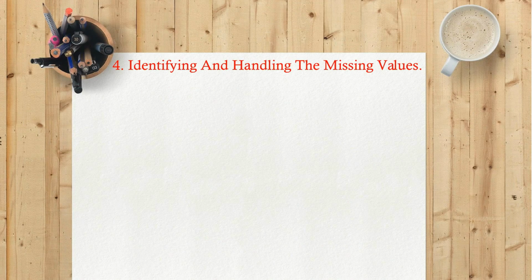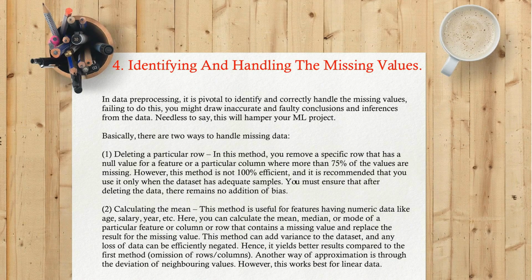Four. Identifying and handling the missing values. In data pre-processing, it is pivotal to identify and correctly handle the missing values. Failing to do this, you might draw inaccurate and faulty conclusions and inferences from the data. Needless to say, this will hamper your ML project. Basically, there are 2 ways to handle missing data. 1. Deleting a particular row.